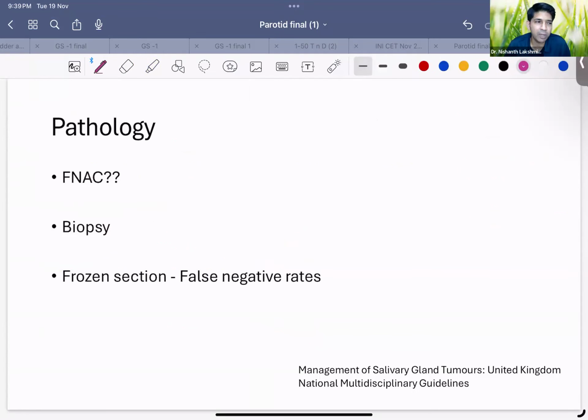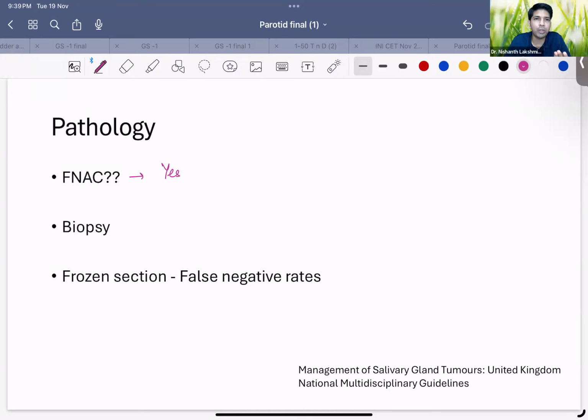Do you have to do an FNAC? Now I'll get in the registrars, Sanya and Nitya. Yes, sir. FNAC, why? To determine the... I will give you one scenario from my side. If you're assuming that for malignancy we are going to do total parotidectomy, that is not the truth.